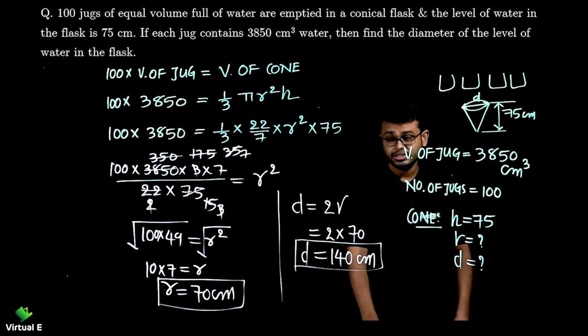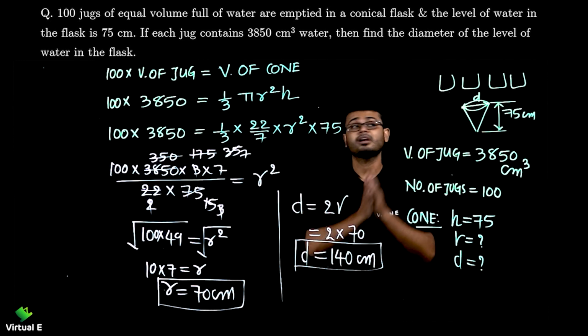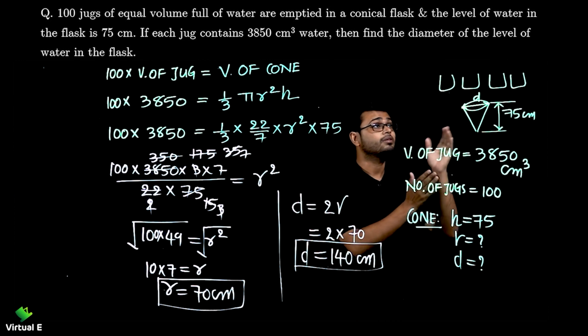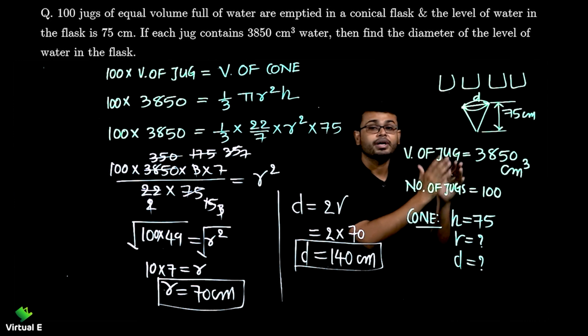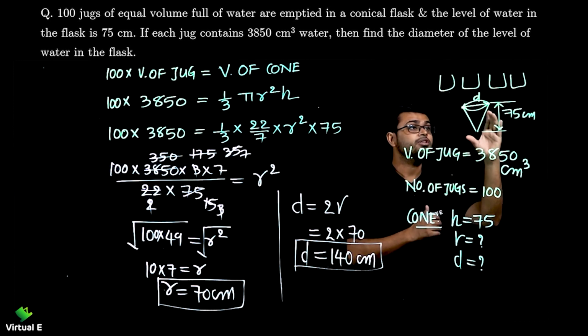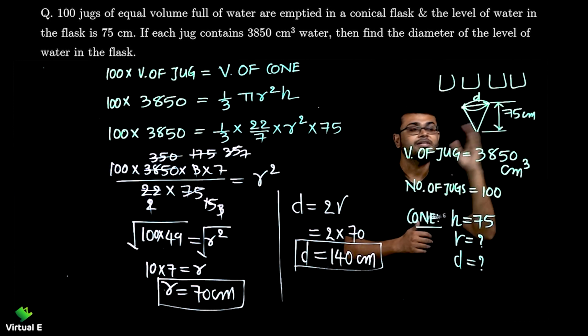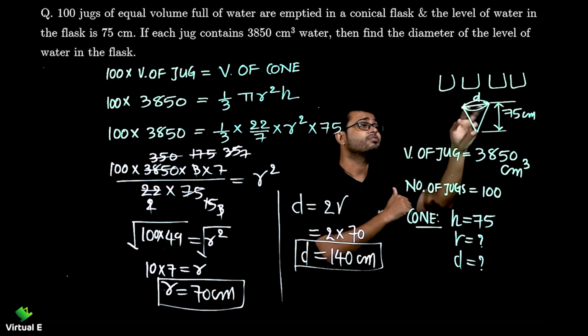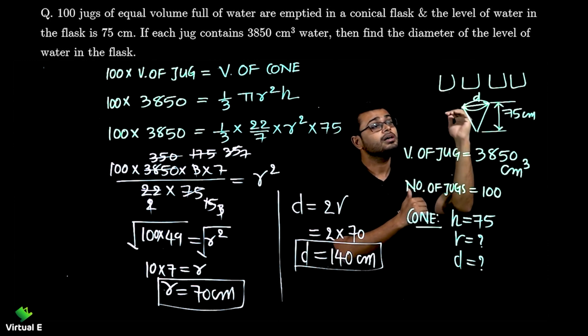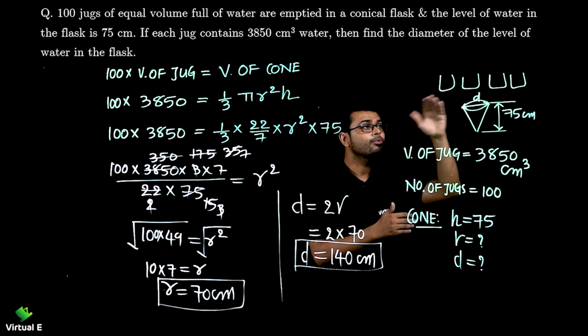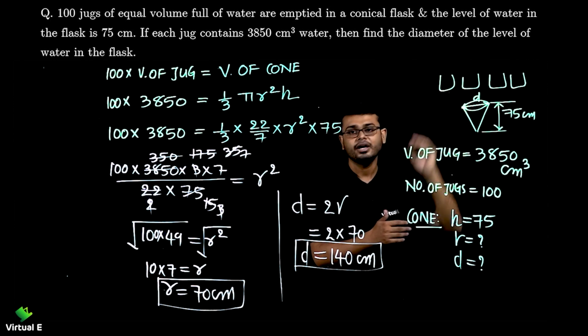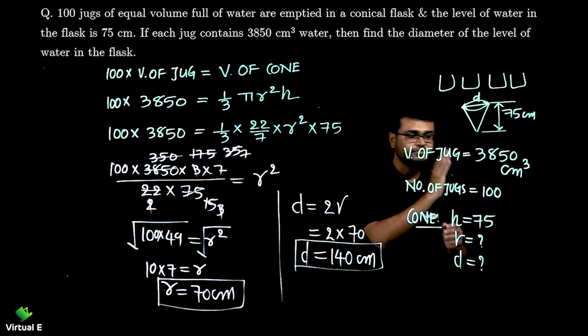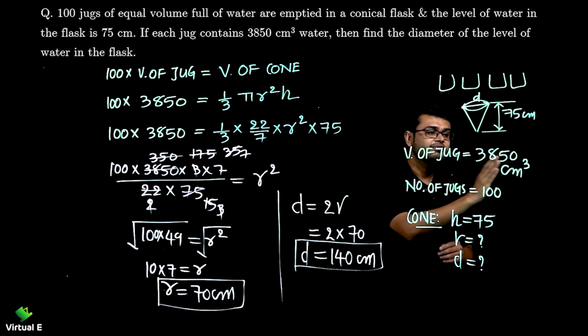Let's recall the question. This is a very simple question. There are a number of jugs given and the water in them we need to fill into a conical flask. So the information for the flask is given, which is height 75 centimeter, and we need to find the diameter up to the water level if we pour all the water which is in the 100 jugs. So the volume of a jug is given, very good for us, 3850.